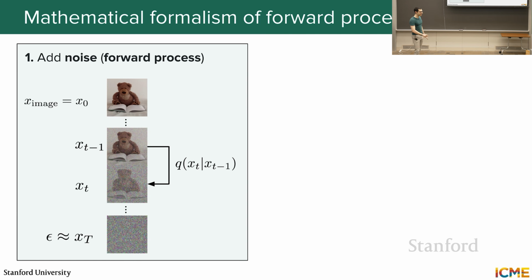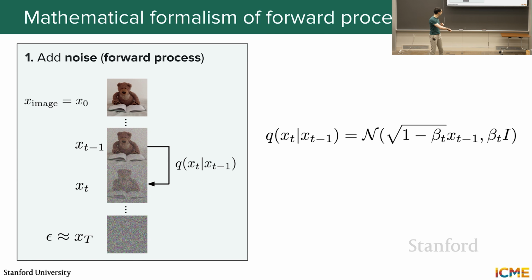Okay, great. So let's go a little bit more into the math. We start from x0. The way we go about adding noise is we have our forward process that we've defined, Q, which is something we draw from a normal distribution.